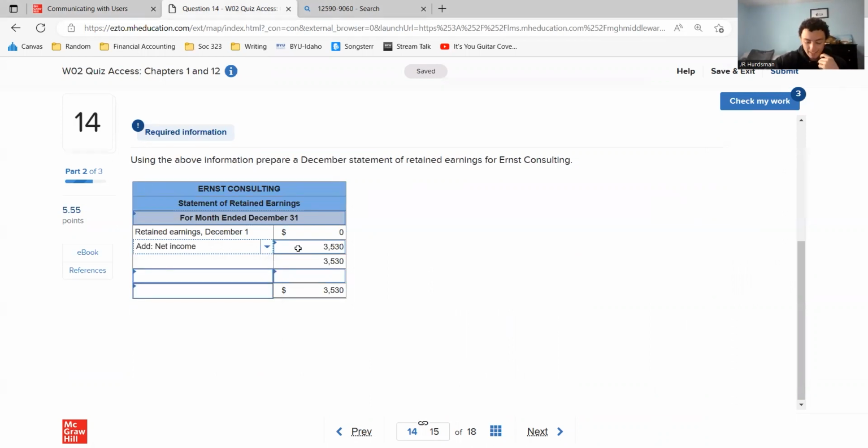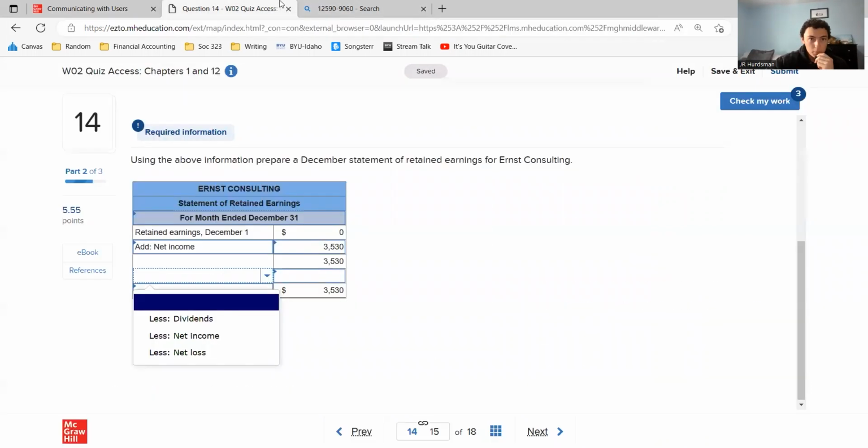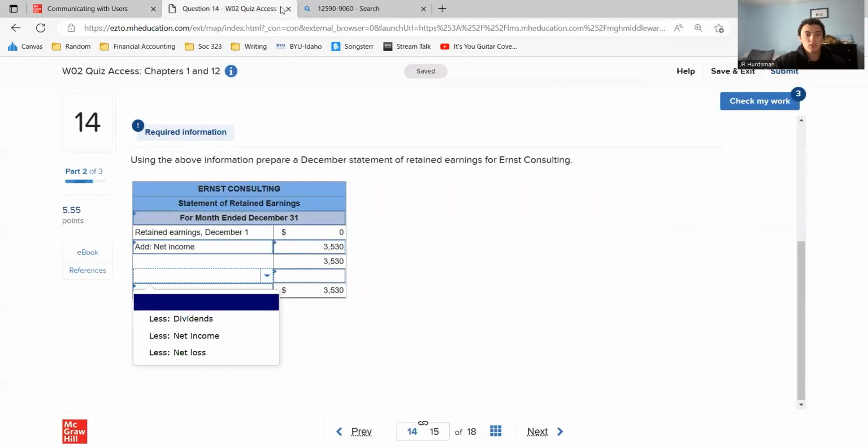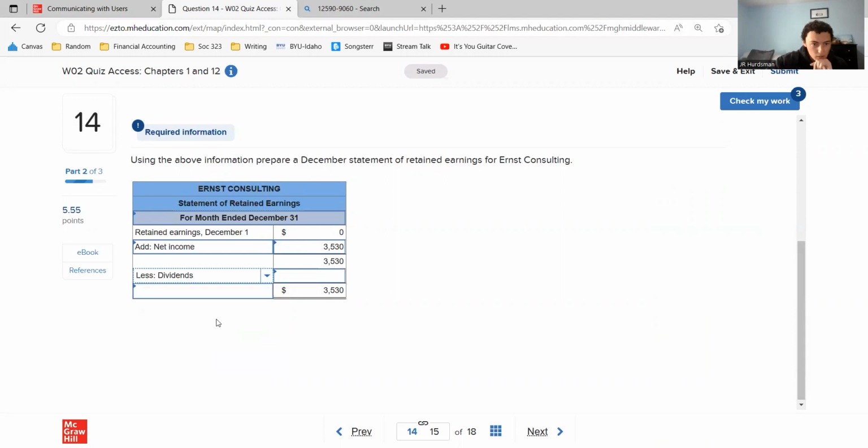Okay. And then we'll come down here and we also got to put in basically what we lost, which is the dividends. So the less, and oh, I didn't really explain why we add.